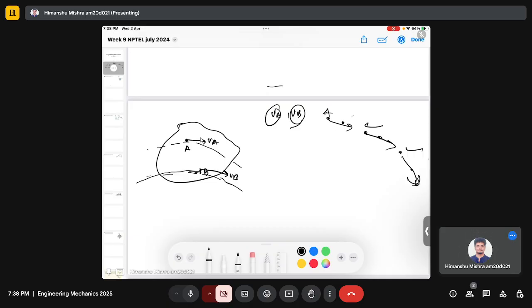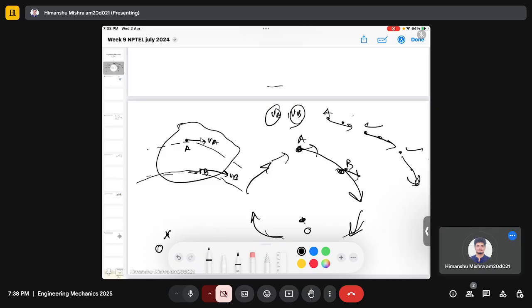But now I'm saying that you can also visualize this as a pure rotational motion, in which you consider some fixed point. Let's say this is my fixed point O, and about this fixed point, what happens? Both points execute rotational motion about this fixed point. This is my point A and this is my point B. So both points are exhibiting a rotational motion.